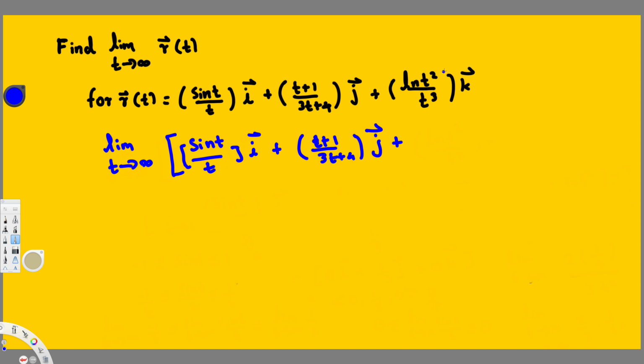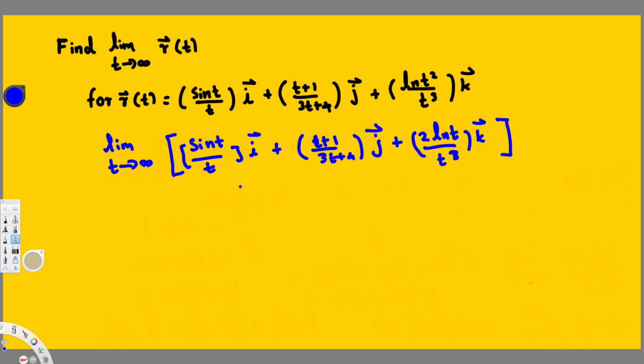Because when we have a square we can move it to the front, so this is going to be 2 ln t. So when you have any power you can move it to the front, right? So 2 ln t over t cubed in the k direction.